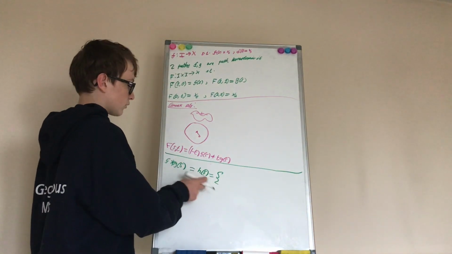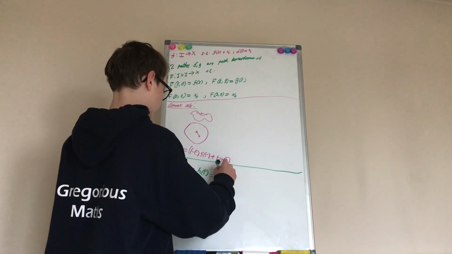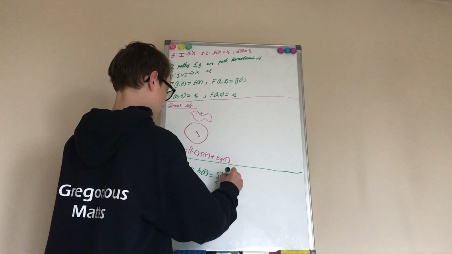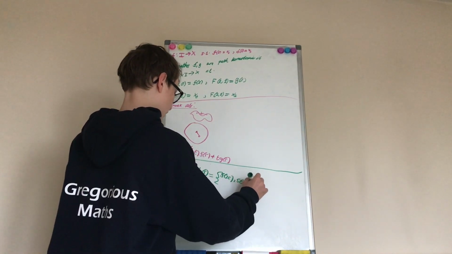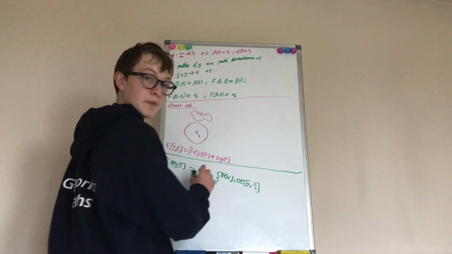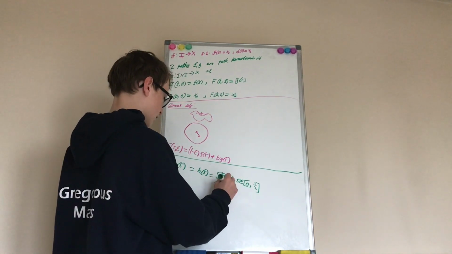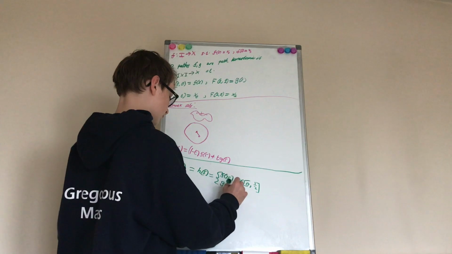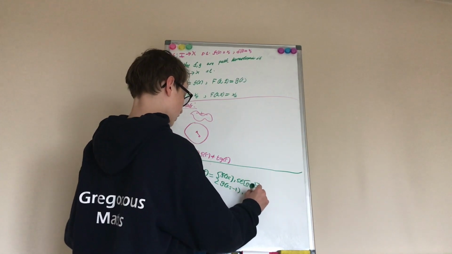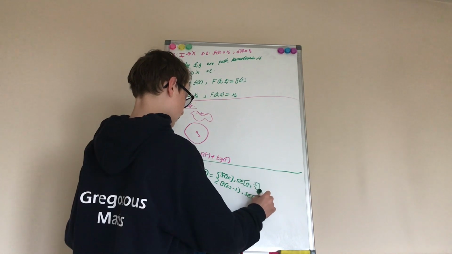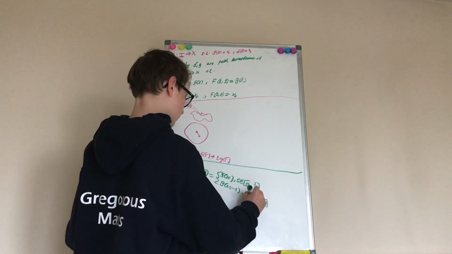But anyway, let's call it h of s. This is equal to f of 2s if s is between 0 and a half, and it's g of 2s minus 1 if s is between 1/2 and 1.